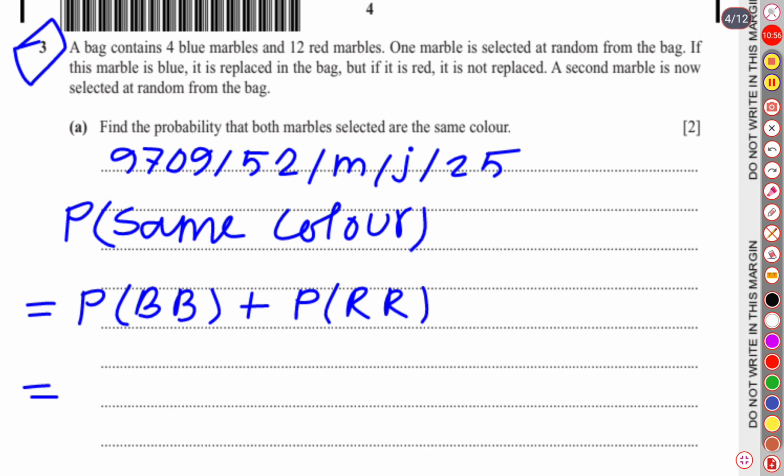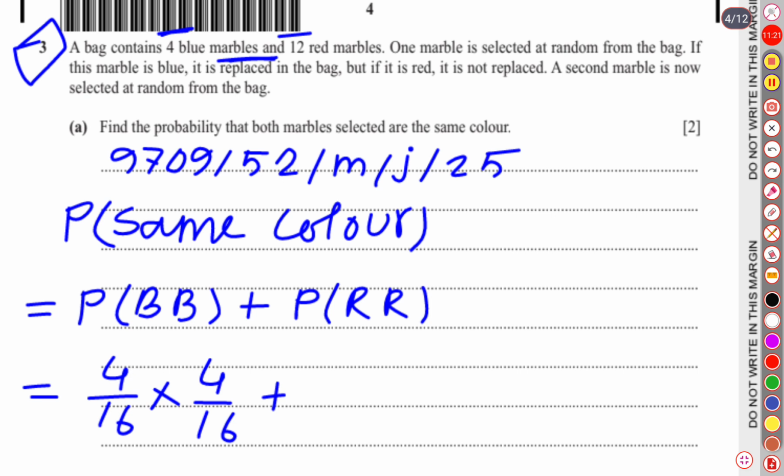What is the probability of the first marble being blue? It is 4 out of 16. If it is blue, it has been replaced in the bag, so the number of blue marbles as well as the total number of marbles will remain the same. That means the probability is exactly the same.